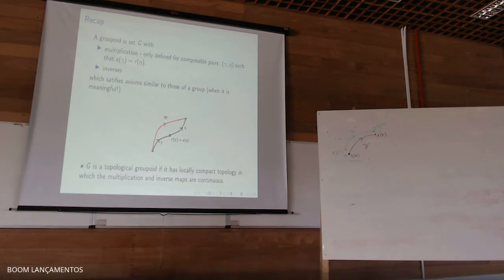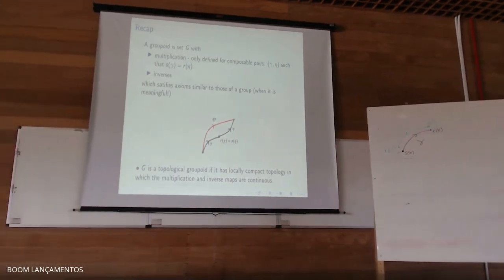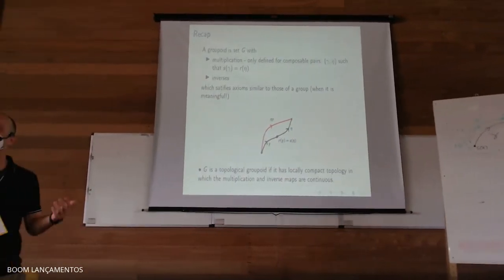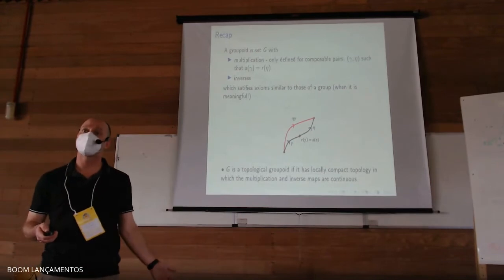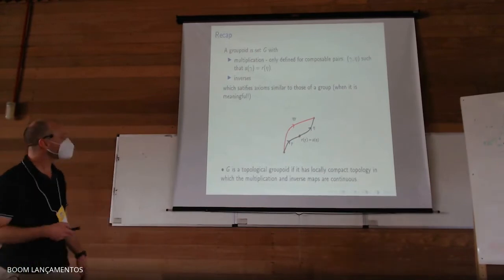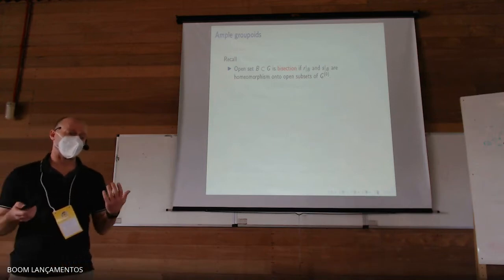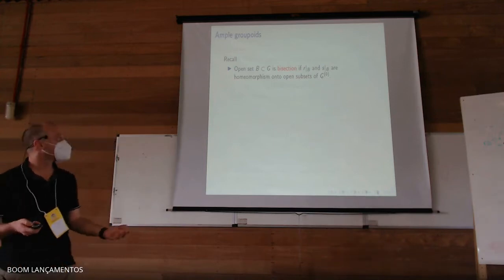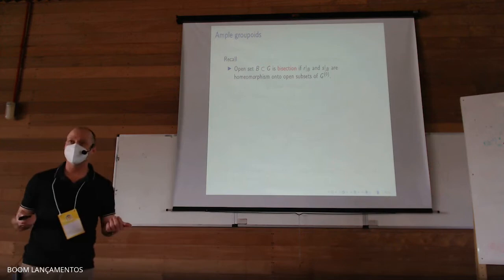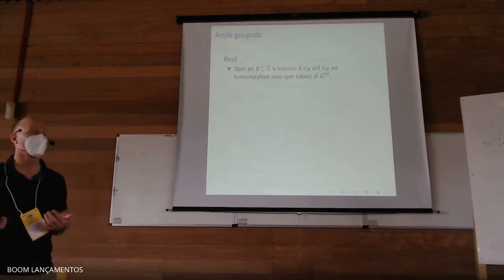So that's fine. We then said that a groupoid is a topological groupoid if it has a locally compact topology in which multiplication and inverse operations are continuous. We then went into more specific cases. So one was an étale groupoid. For that, we need the idea of a bisection.